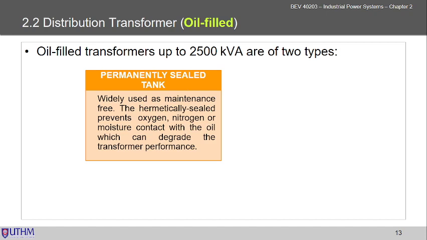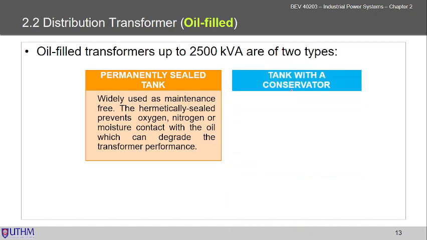Hermetically sealed, to prevent what? To prevent oxygen, nitrogen, and moisture from contacting our oil. Because once these elements contact our oil, the oil will be degraded. So that's why it is a permanent sealed tank.